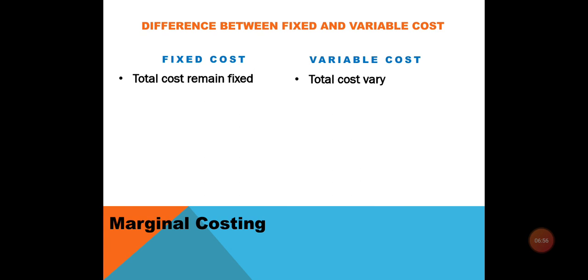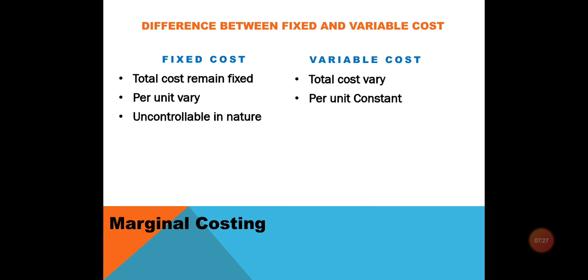Variable cost varies in total. Okay. Next difference is that fixed cost per unit varies, meaning fixed cost does not remain the same per unit, it remains fixed in total but changes when it comes to unit wise, whereas the variable cost per unit remains constant, it will not change per unit.